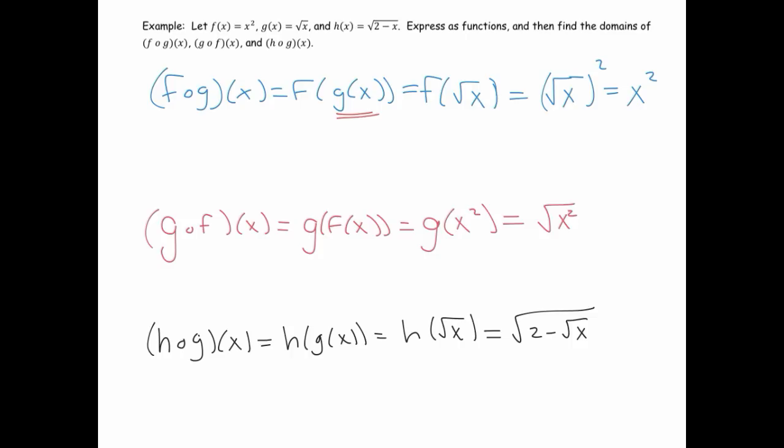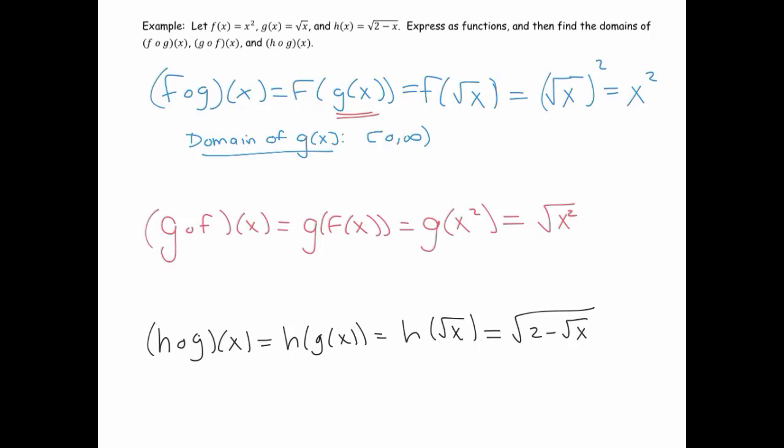So that suggests that we should probably look at the domain of the inner function first. So look at the domain of g of x. Well, g of x is the square root of x, so you can only take square roots of numbers that are bigger than or equal to 0. So the domain of g of x is 0 to infinity. And so just think about what happens after that.